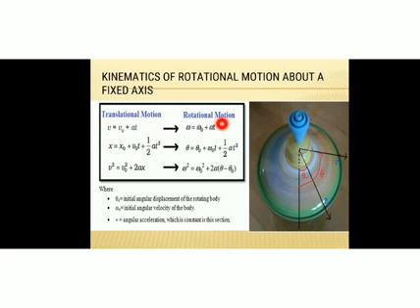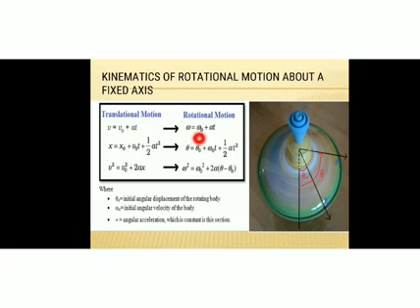So instead of linear velocity v, here we can write the angular velocity omega. v = v0 + at, where linear acceleration a is replaced by angular acceleration alpha.